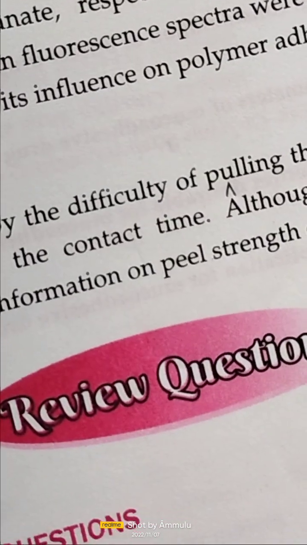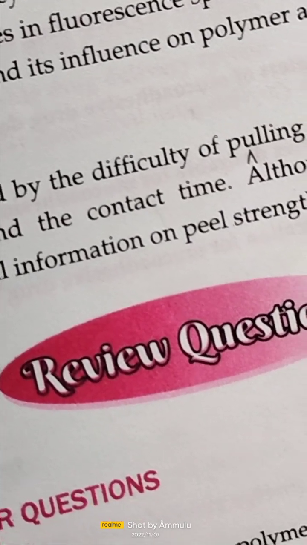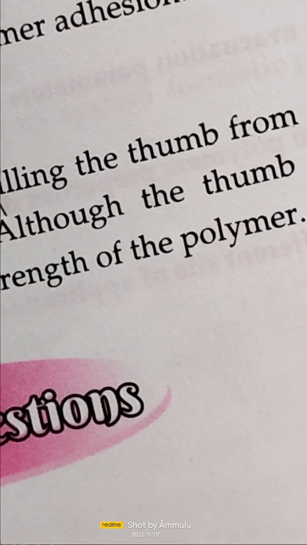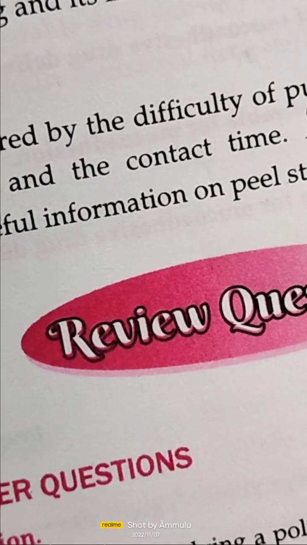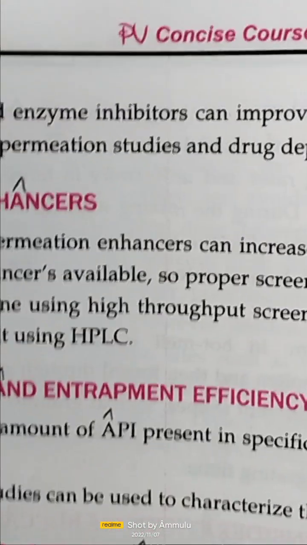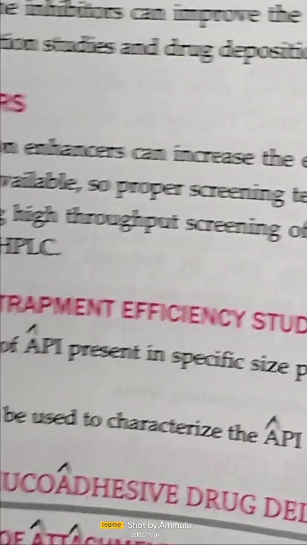The incorporation of enzyme inhibitors can increase drug permeation and improve the bioavailability of fentanyl. Fourth one, that is permeation enhancers. In permeation enhancers, the selection of proper permeation enhancers can increase the efficacy of the drug.